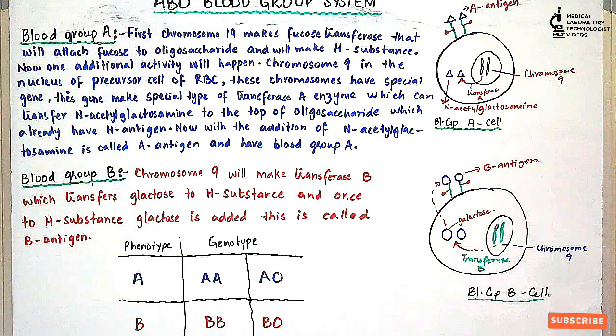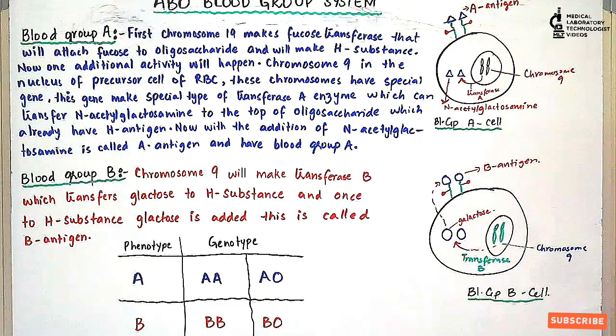And once galactose is added to the H substance, it is now called B antigen, because B antigen is also dominant in nature, so the blood group will be expressed as B. So like that, B antigen will be formed.